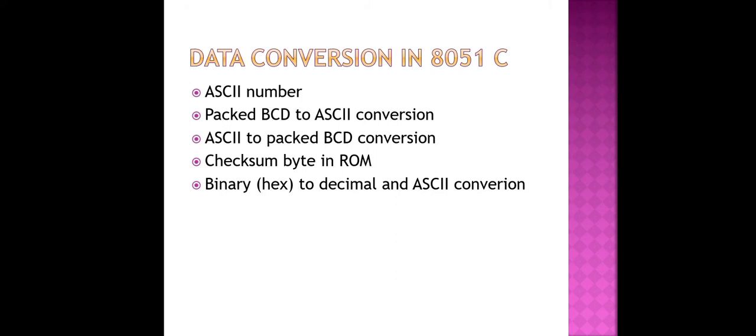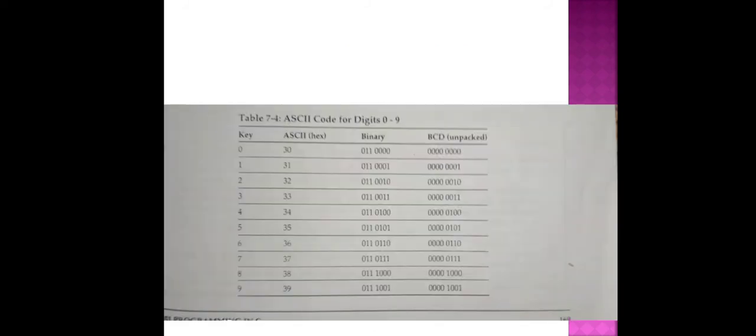First is the ASCII number. This is the chart of ASCII codes for the digits 0 to 9. The ASCII code is the keyboard's code. When the key 0 is activated, the number provided is 0 0 1 1 0 0 0 0.